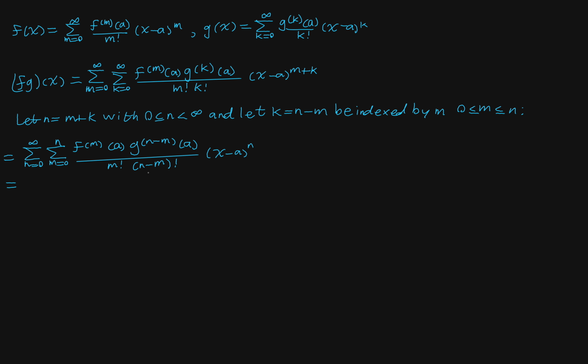And now we're going to multiply and divide by n factorial, so we get a binomial coefficient here, and we get the form of the power series coefficient. And just extract from there, we're going to get 1 over n factorial, the inner sum here, m from 0 to n of, so again, you add the n factorial on top here, so you're going to get n choose m times the mth derivative of f at a, and then the (n minus m)th derivative of g at a times (x minus a)^n.